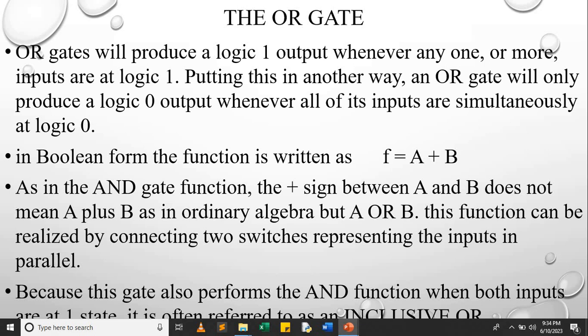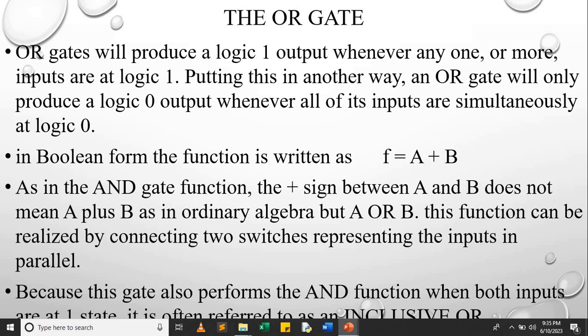The OR gate produces a logic 1 output whenever any one or more inputs are at logic 1. Putting this in another way, an OR gate will only produce a logic 0 output whenever all of its inputs are simultaneously at logic 0.